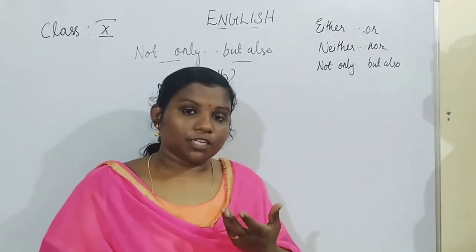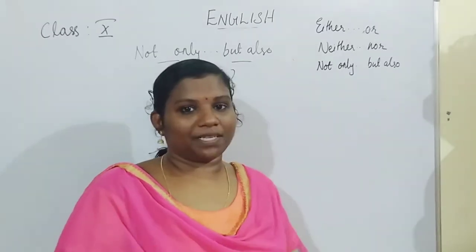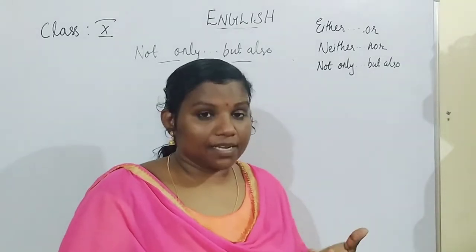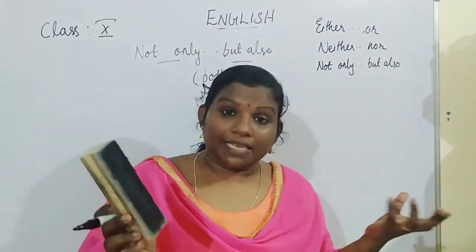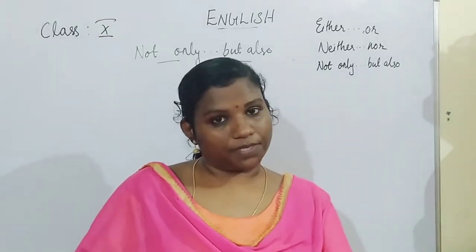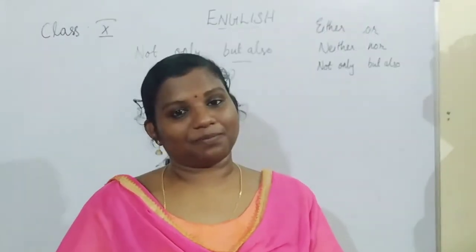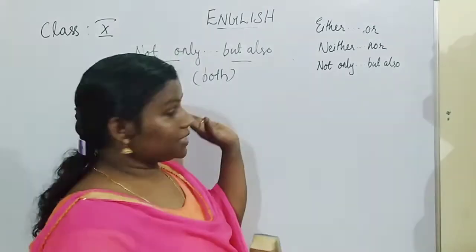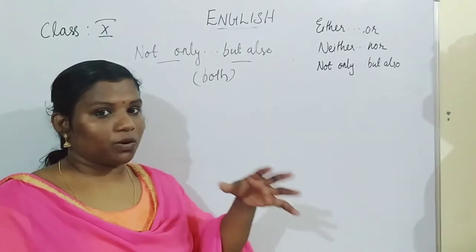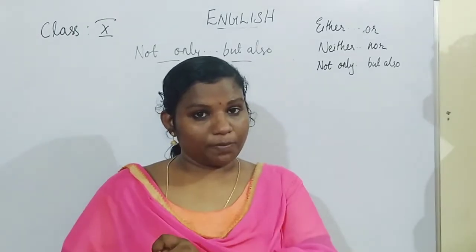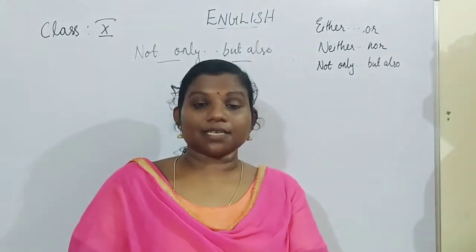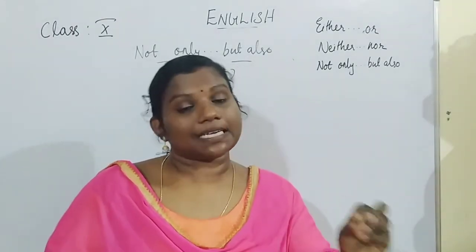So when we are taking two subjects, both will be there. When we are considering two verbs, both verbs will be there. When we take both objects, both will be there. That's the meaning of not only but also. It is totally different from either or, neither nor. These three conjunctions are different in meaning.